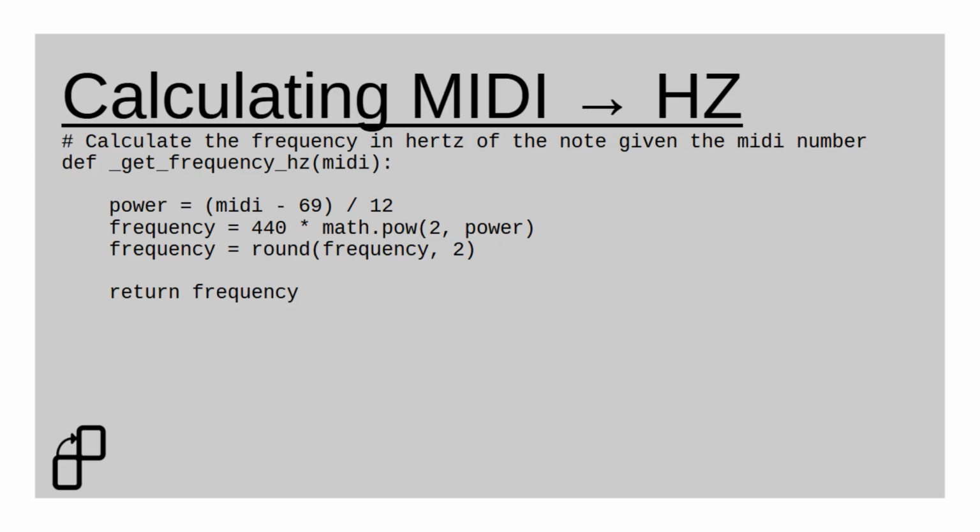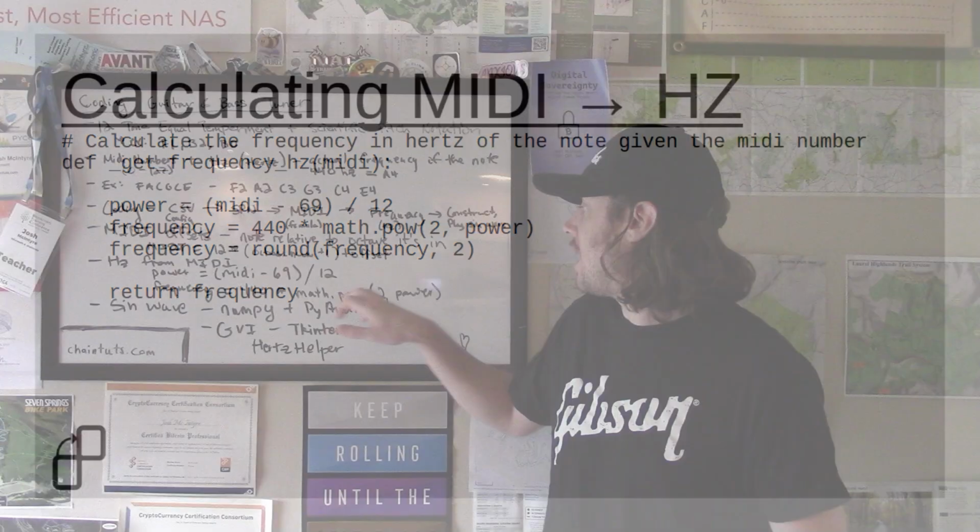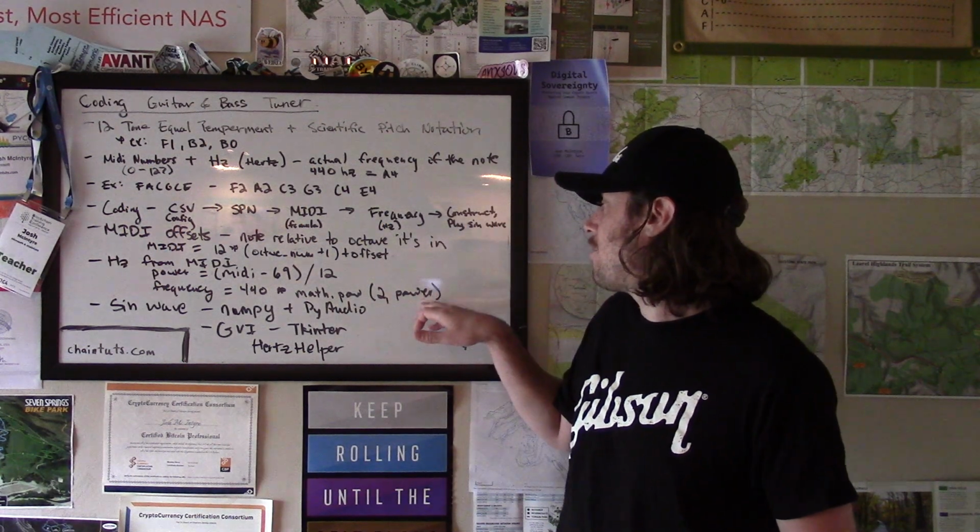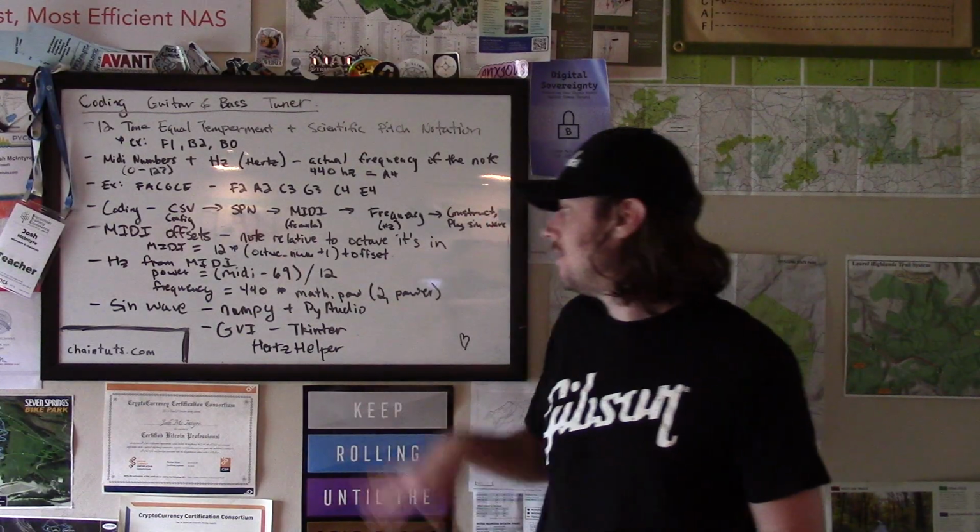Now once we have that power, we're going to plug it into the second part of this formula to get our final frequency. That will be 440, which is our base value here, times math.pow to our power that we previously calculated. So this is really 440 times 2 to the power that we calculated here.